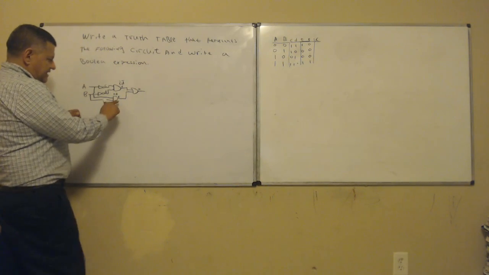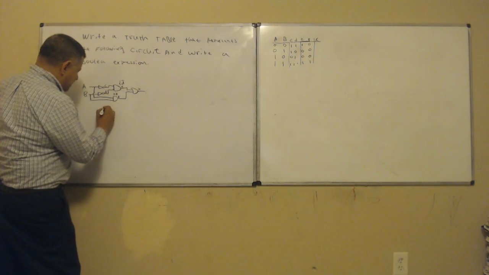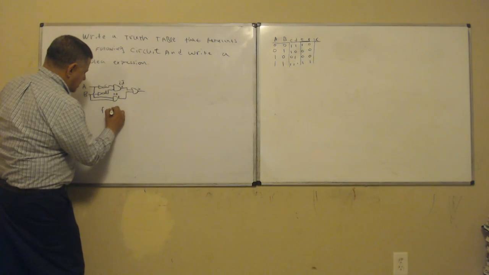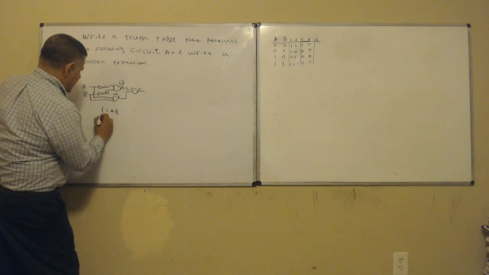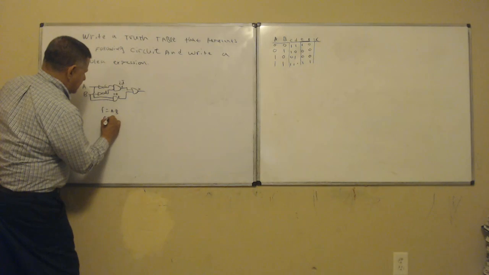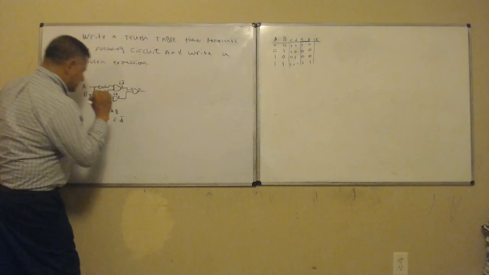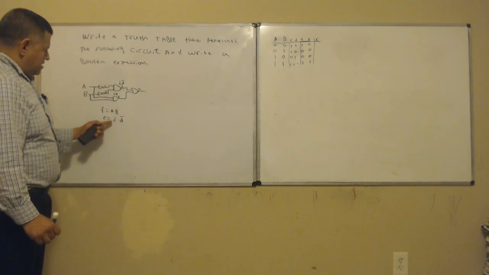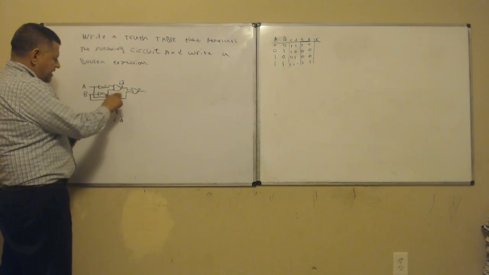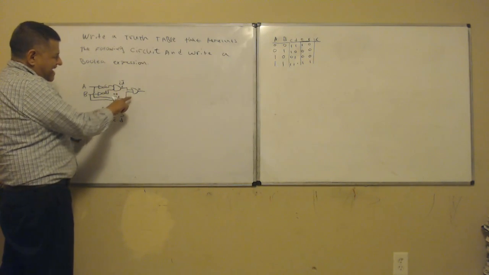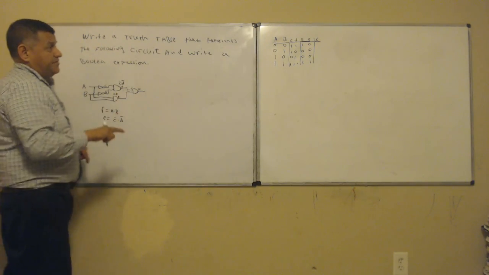So then this coming out over here is equal to F, right? So in other words, F is equal to A and B, and E is equal to not C and not D. Now, these two are coming out of these two AND gates and they are united together over here. So this is coming together at this point.